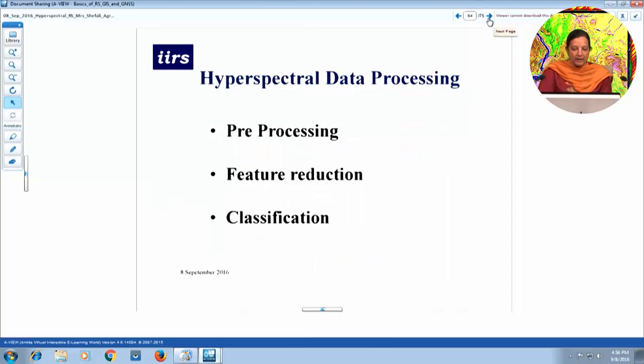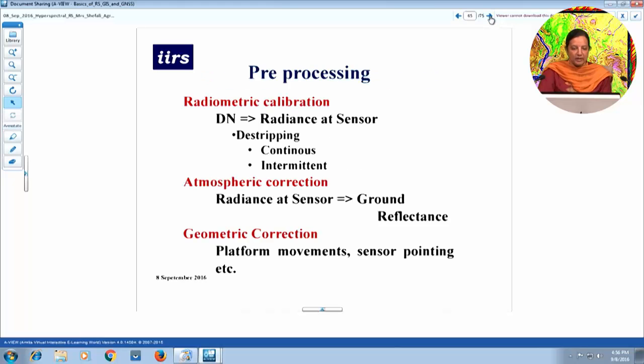But there are certain issues with hyperspectral. Pre-processing is one aspect which is required, because with hyperspectral sensors there are a lot of data sets, small observations are done, you have noise present in it, and there are other errors which need to be corrected.